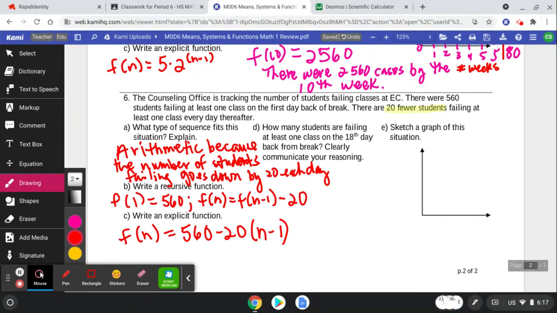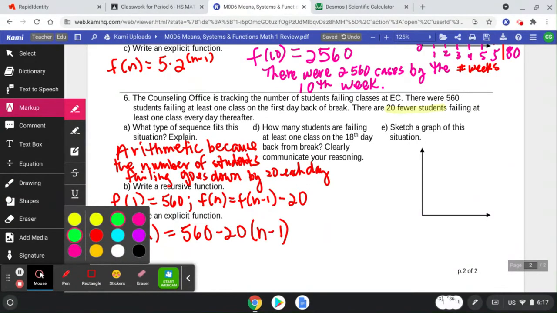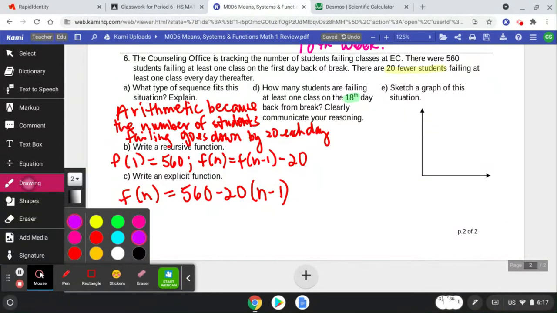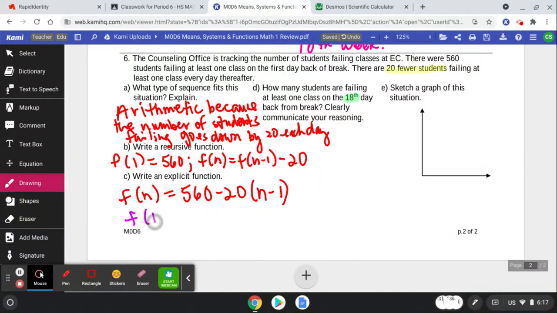Now with this explicit, they're asking us to plug in, if you look up here on part D, on the 18th day back from break, how many kids were failing. So I'm going to go plug in f of 18. And this is for part D. I'm just doing the work down here.